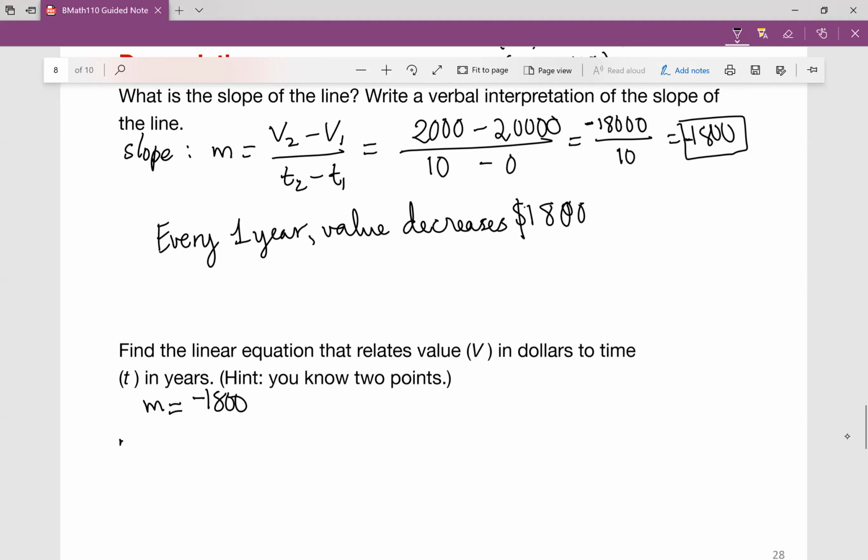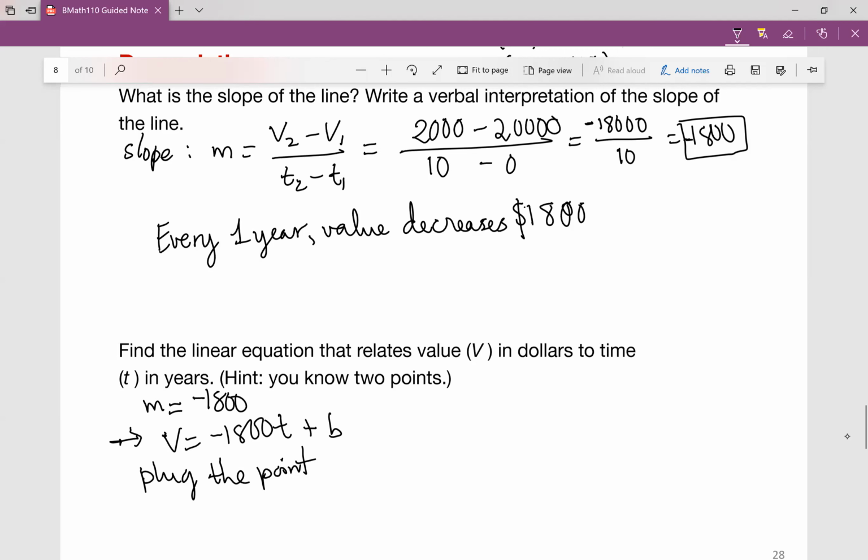So the formula now becomes V equal to negative 1,800 T plus B. And we're going to plug in one point.